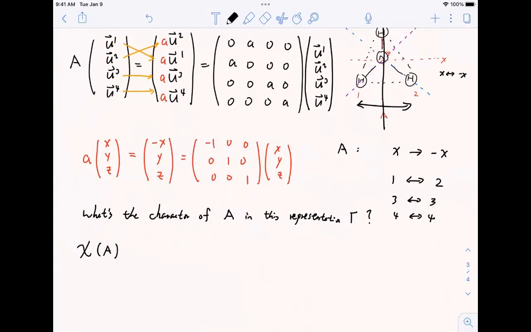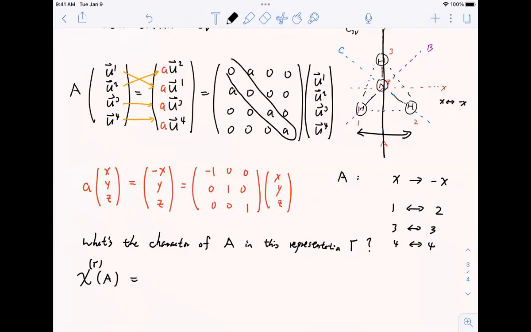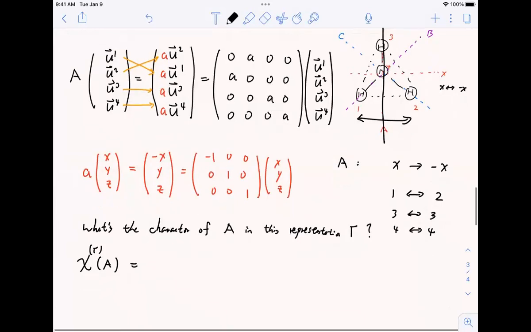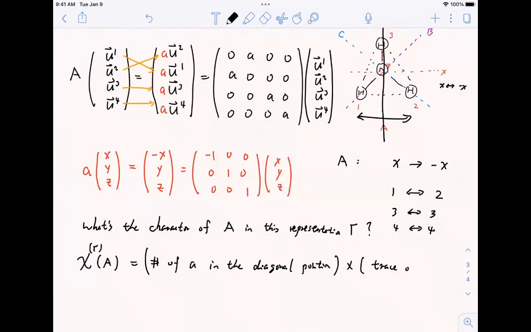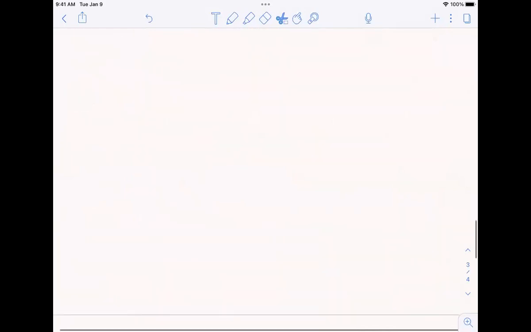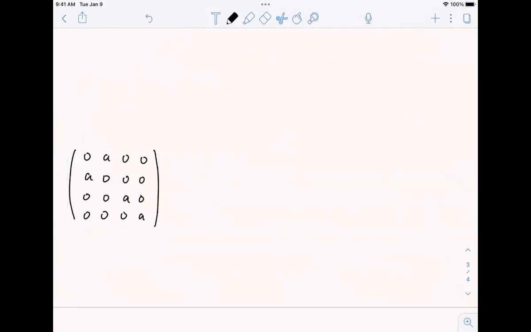So chi of A in gamma is basically the number of A in the diagonal position times the trace of A. If you write this out in a complete form, it will be something like this.